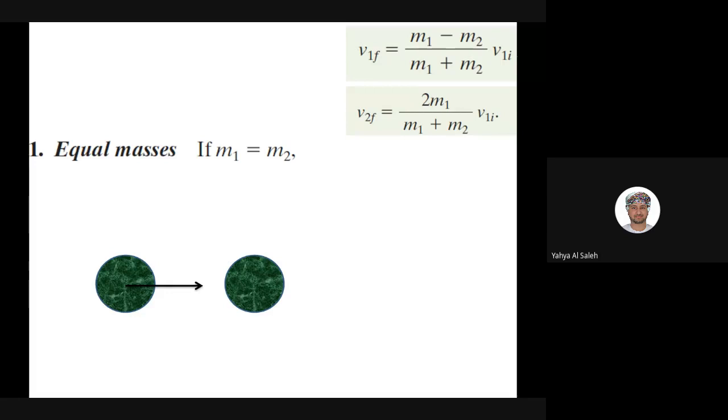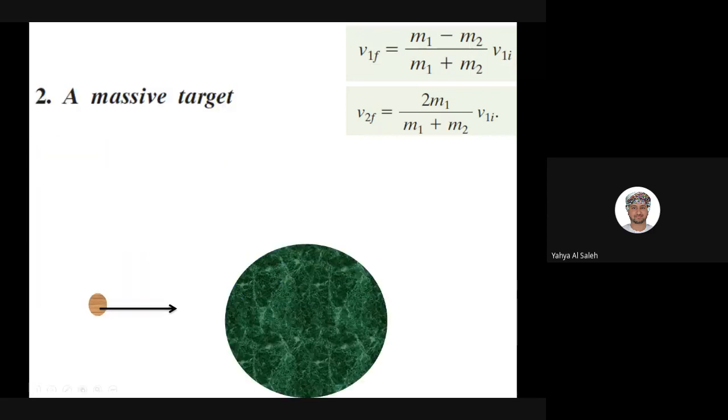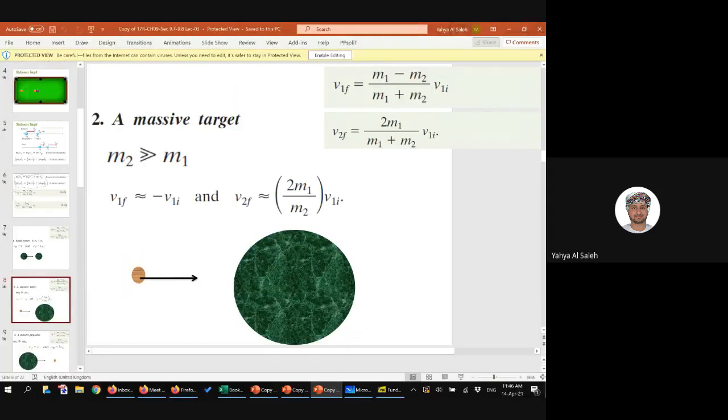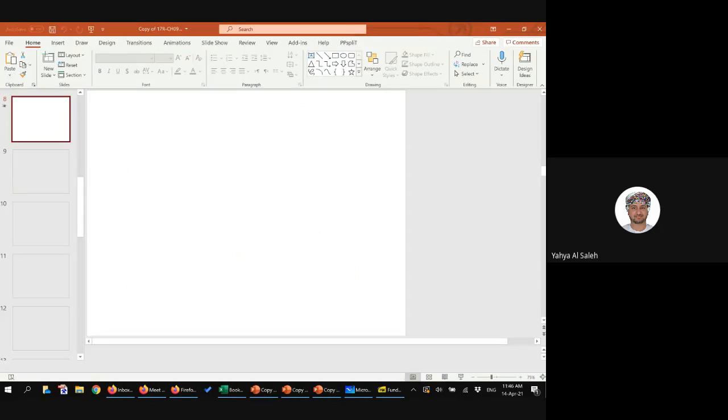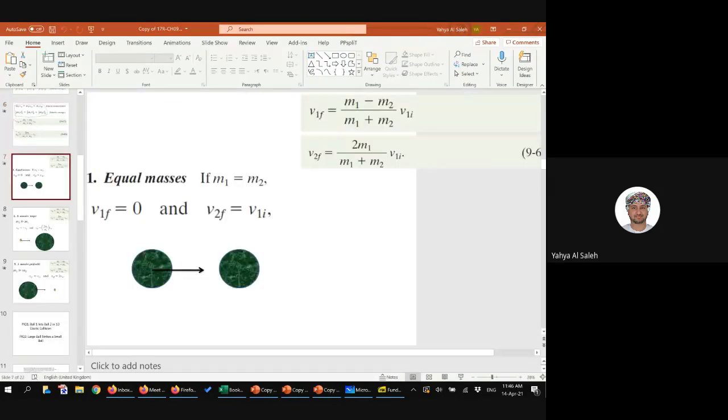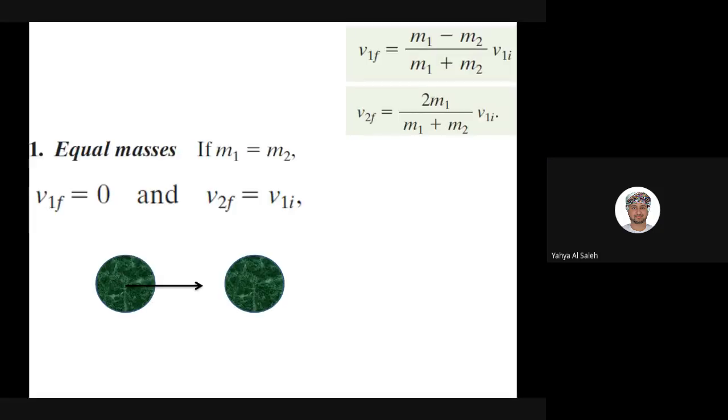If M1 equals M2, V1F, so I'm going to write the full formula here without working through them. I'm going to copy these formula here, but you don't need to memorize them. Okay. My V1F is going to be 0.